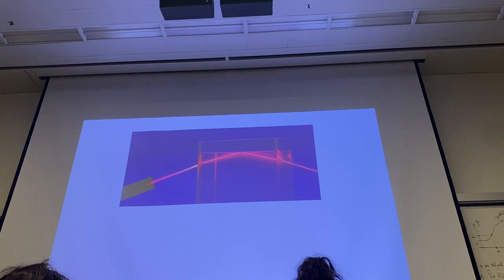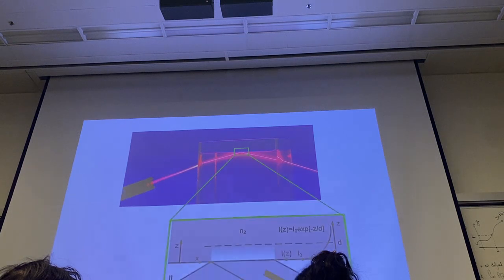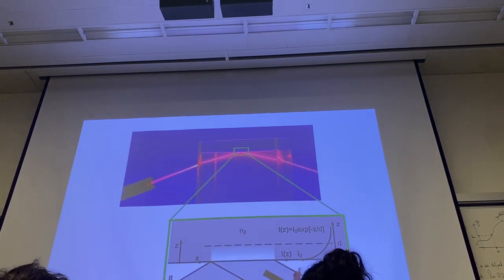Okay. So what does that have to do with us? Well, if you zoom in on the interface, you will discover something very interesting. Okay? At the interface, so this is basically the situation, that dark line is the interface here.